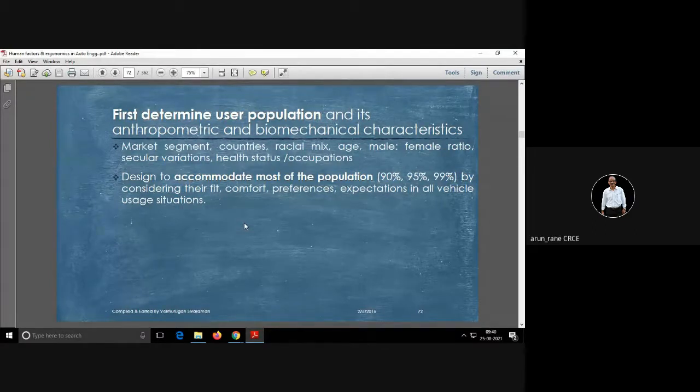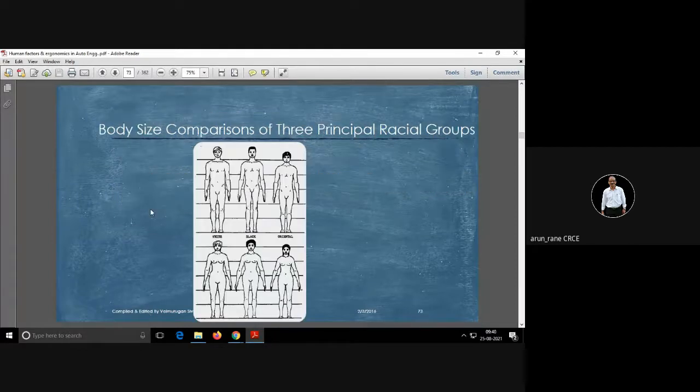Like in European countries, all the people are tall, 6 feet, whereas in India it is 5 feet 5 inches. The people there are also hefty, heavy in body. Then whether male or female. So all this identification of the population is very important before you go for the ergonomic design.